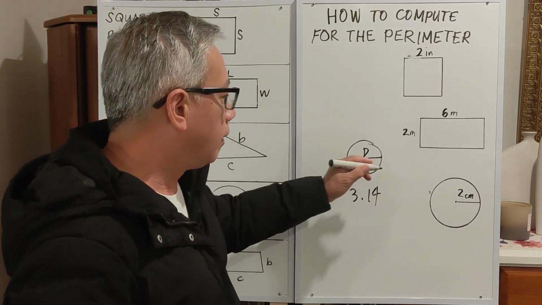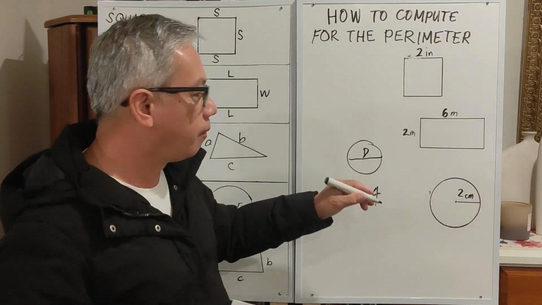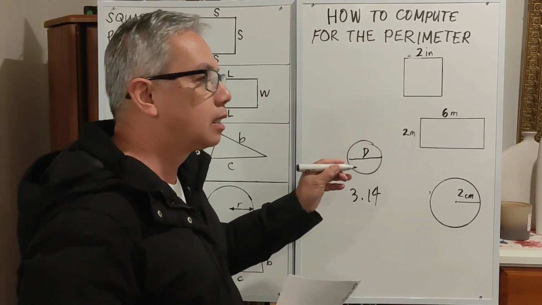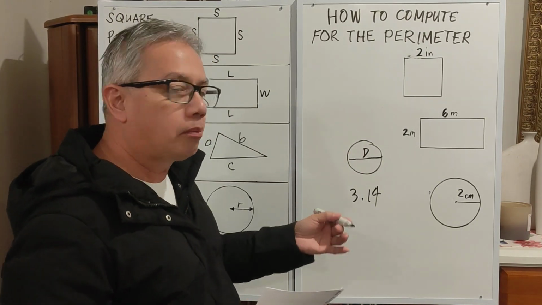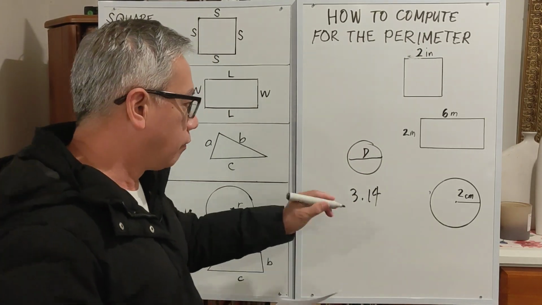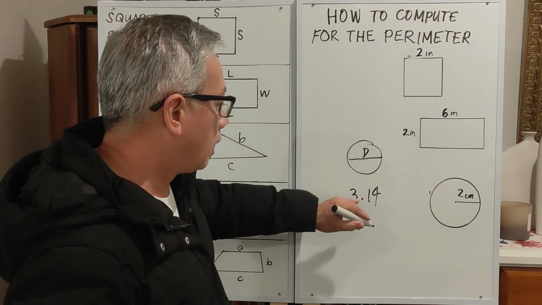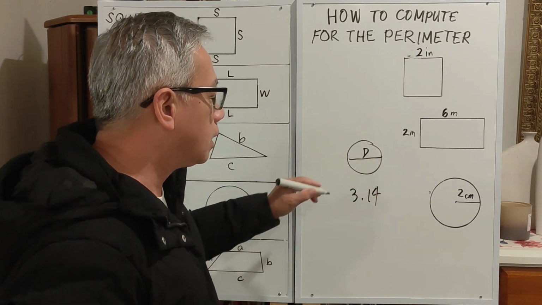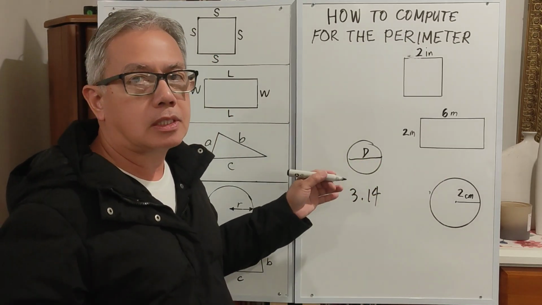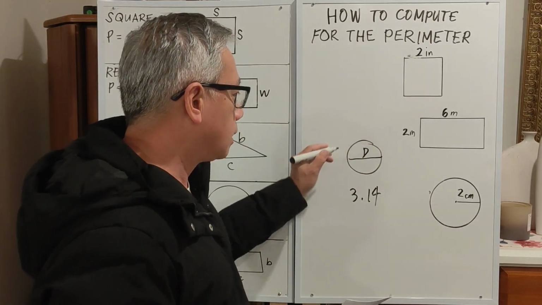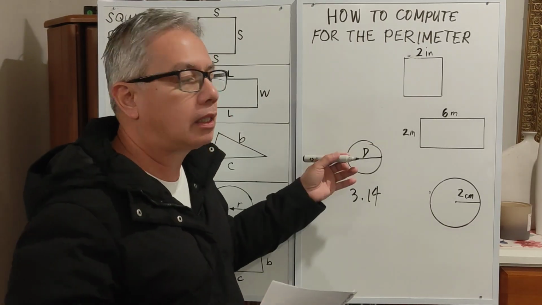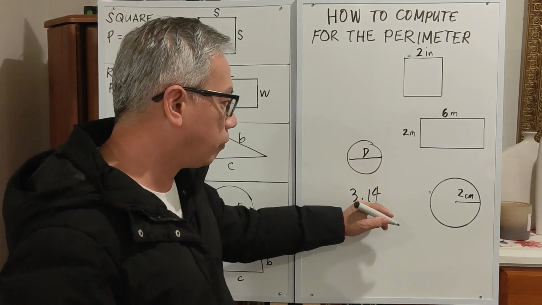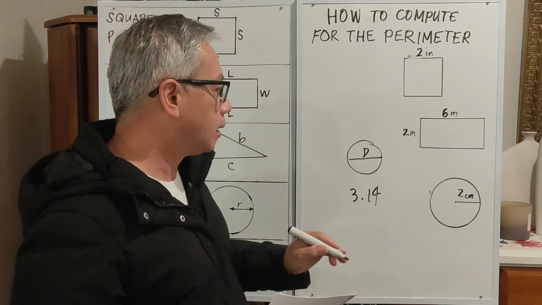For example, if the diameter is 1 meter, the circumference is 3.14 meters. If the diameter is 2 kilometers, the circumference is 6.28 kilometers. So it's always 3.14 times the diameter.